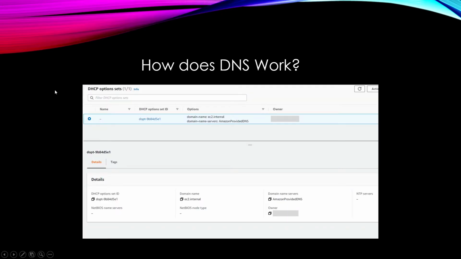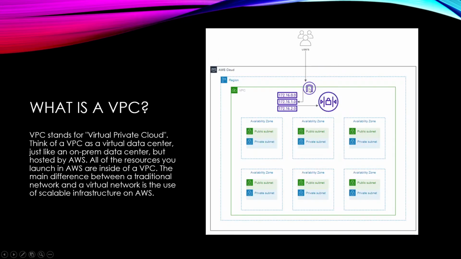So the other thing I wanted to talk about really quick is DNS. So how exactly does DNS work? So in the previous slide, you have a user going through the internet gateway. Well, that user might be going to like yourwebsite.com, right? And the instance or server, online server, we call them instances, doesn't know that it's yourwebsite.com.